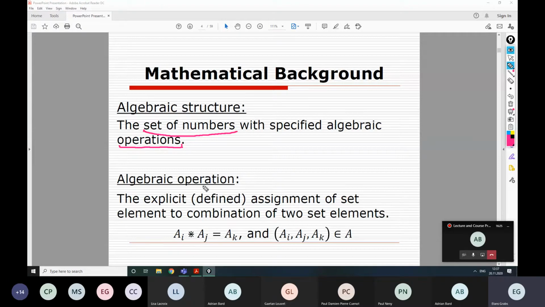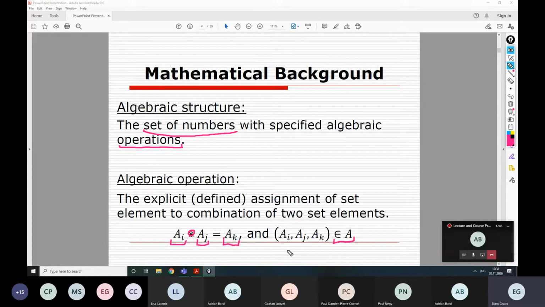So these algebraic operations are the only way of explicit assignment of a certain set element to a combination of 2 set elements, meaning that if we have 2 set elements, a_i and a_j, and we perform some kind of operation, which is denoted by this symbol, meaning that it can be any operation, then we will get another element, and all of these three elements must belong to the same set.